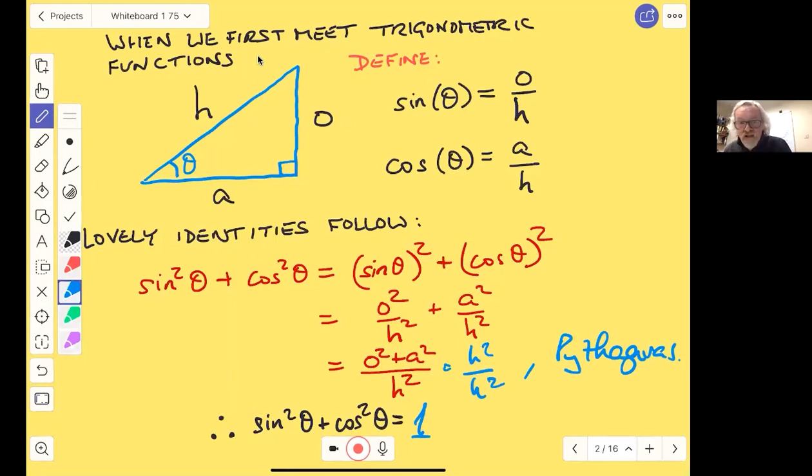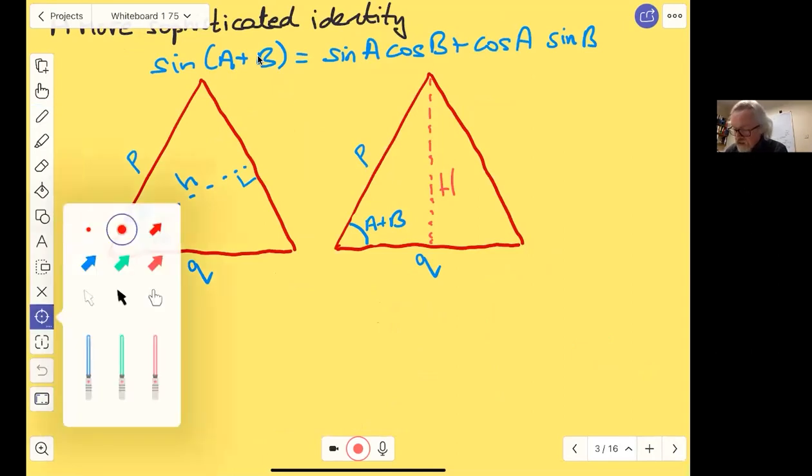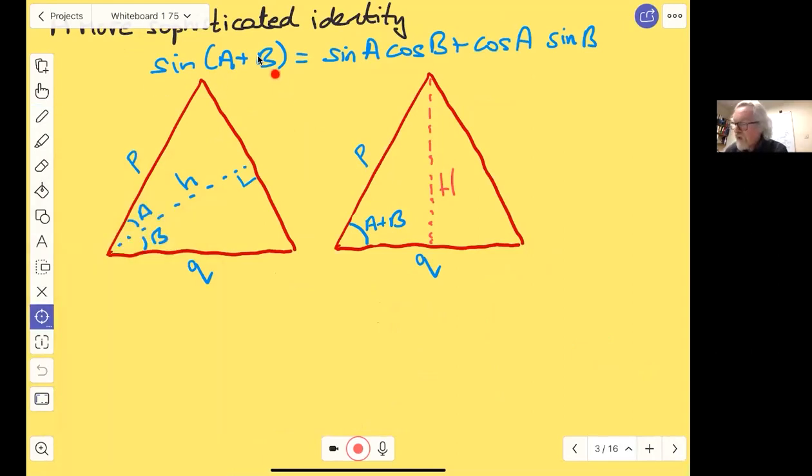Let's look at the next proof. I want to look now at a slightly more sophisticated identity. I'm going to look at two identities in trigonometry. I want to look at the sine of a plus b and show that it's sine a cos b plus cos a sine b.